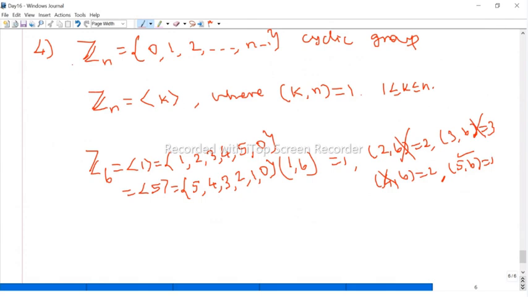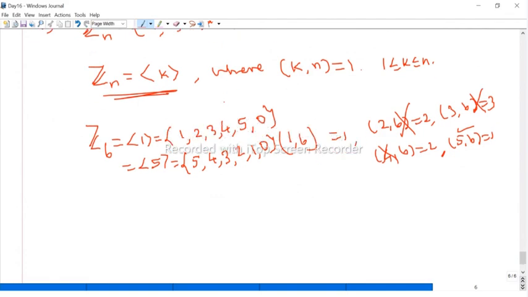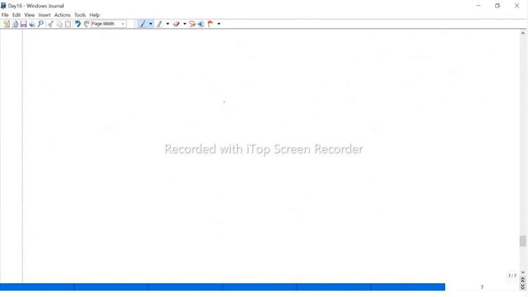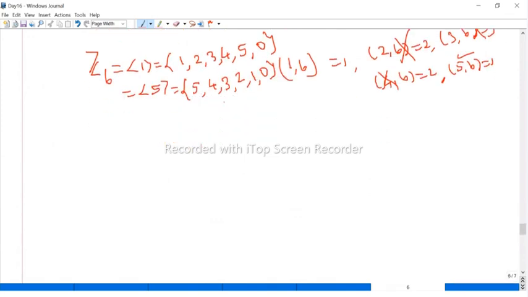So in general, Zn is a cyclic group. The generators are K, where GCD of K comma n is 1. So maybe I can state here that whenever a group has one generator, we can find another generator.